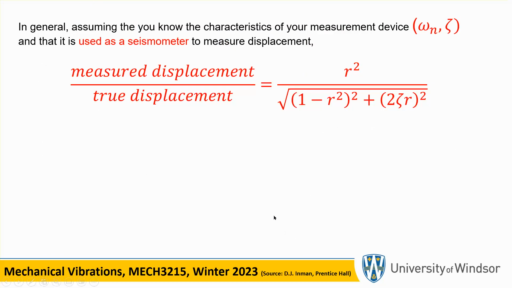If you are in the seismometer range, and we'll get to the accelerometer range later on, the measured displacement, because what you can measure is that Z causes a voltage in the device, and basically if you know the voltage, you know the displacement, over the true displacement is that expression. This was big Z over big Y, so R squared over this, okay?